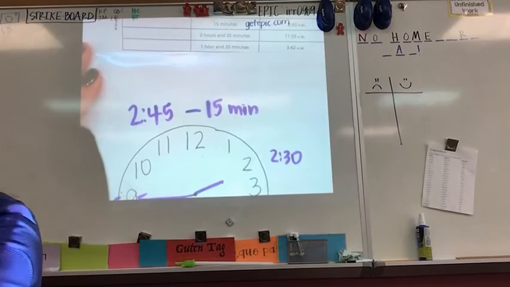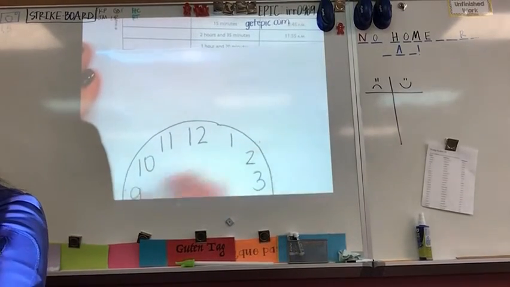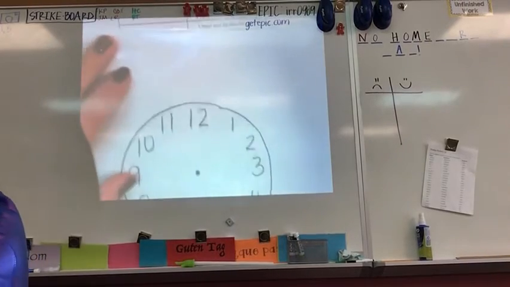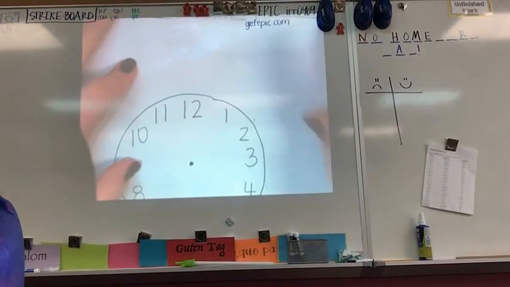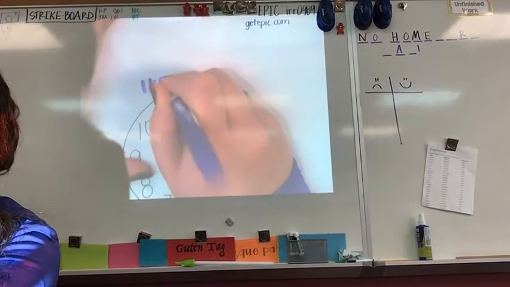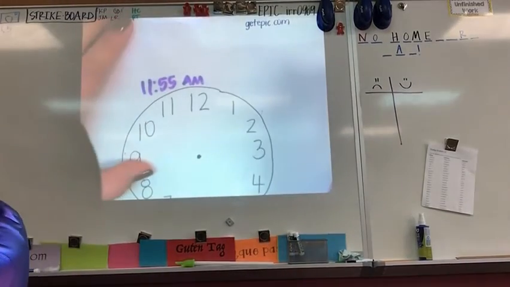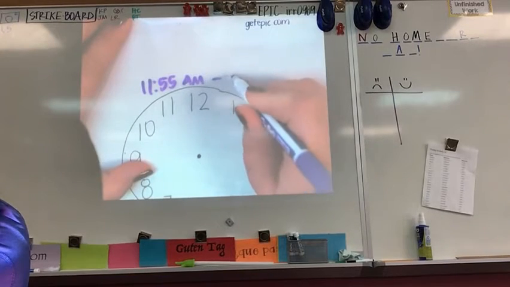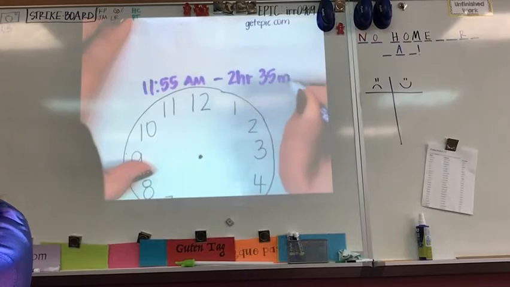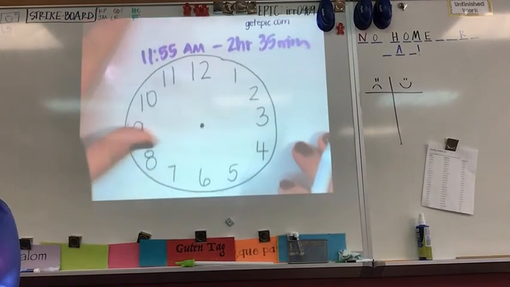I will do one more with you guys, and then I'm going to have you do one of these on your slides also today. So this one's going to be your practice problem with me. If your end time is 11:55 a.m. and you are going back 2 hours and 35 minutes, we're going to be subtracting that amount of time.